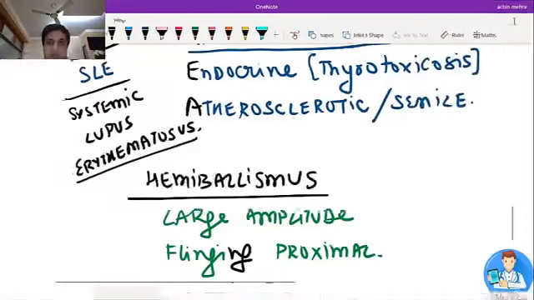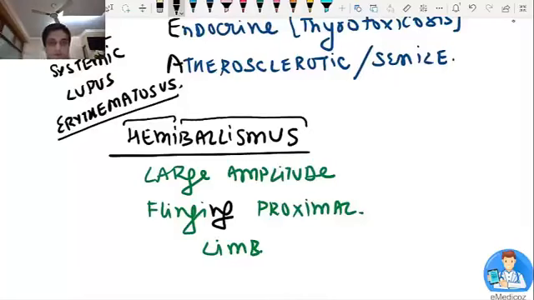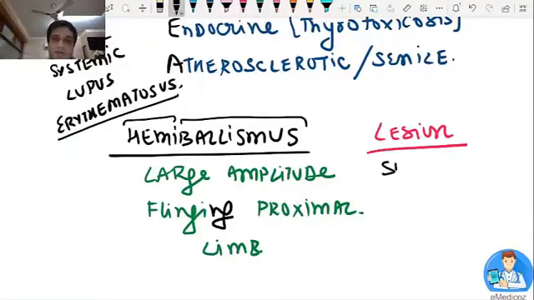We might see patients of athetosis, that's crawling, and chorea, that is dancing, and all these movements usually happen on both sides. They are bilaterally presented in the patient, while hemiballismus happens only on one side.